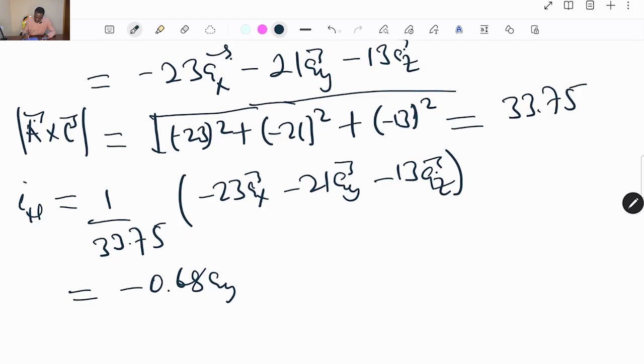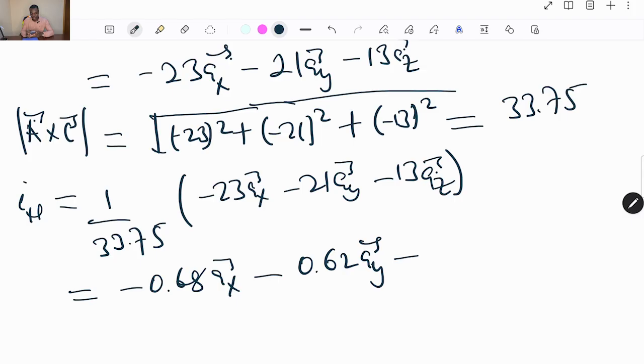along the x-axis. Then here we have 21, so we get here minus 0.62 along the y-axis.